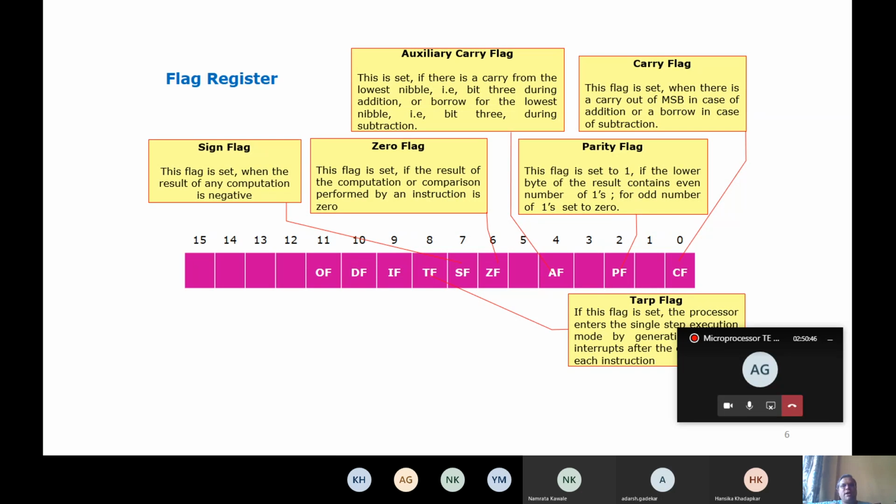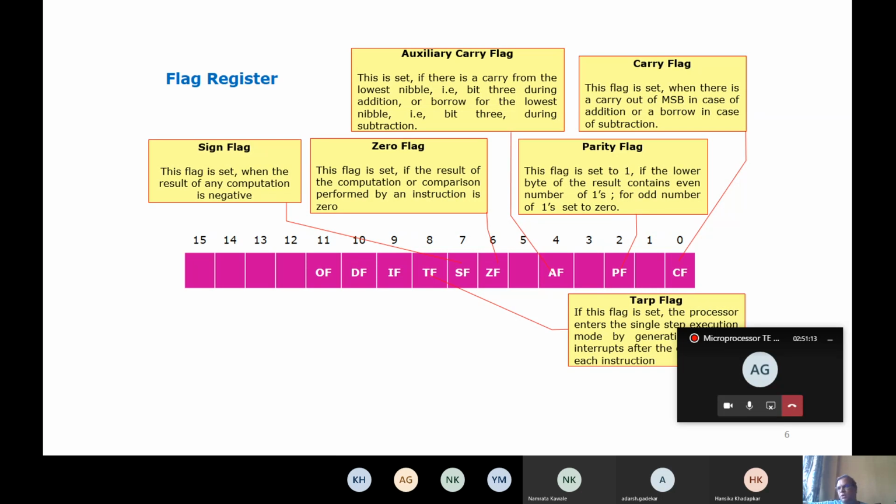If we set the trap flag to 1, then the processor enters into single step execution mode, where after execution of every instruction, an interrupt is generated automatically. And in the interrupt service routine of that interrupt, the instructions are written to display the contents of all the registers, so that we can debug our program.